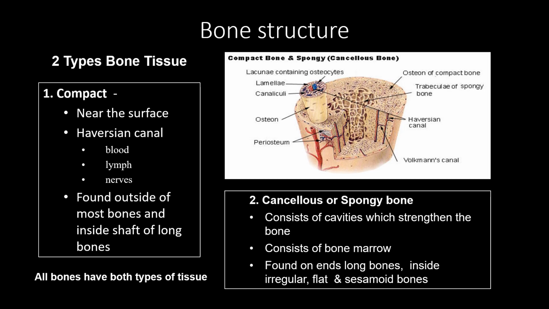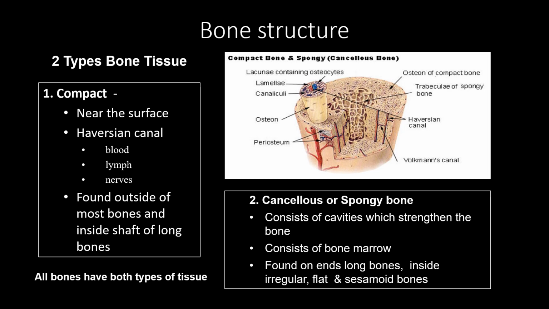We have compact bone, and we have cancellous or spongy bone. Now the compact bone is very near the surface. Every bone in the body has a combination of both types of tissue, but the compact tends to be near the surface, and on the outside of bones, maybe inside the shaft and along the long bones, and running through the middle of the compact bone is a thing called a Haversian canal.